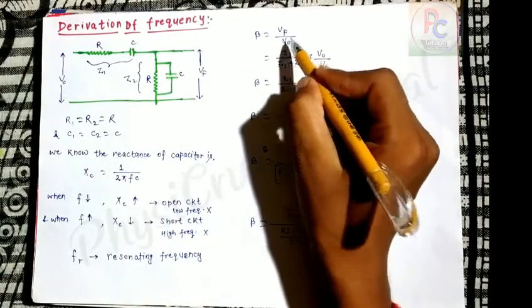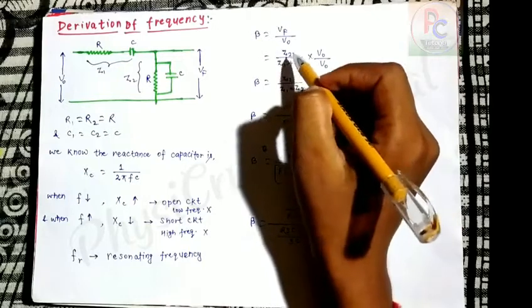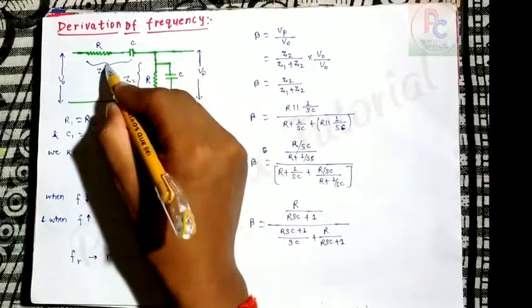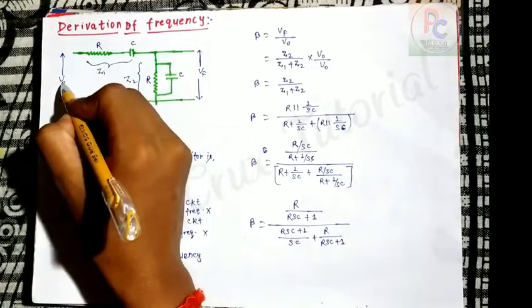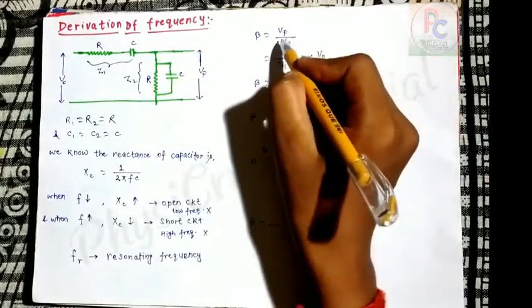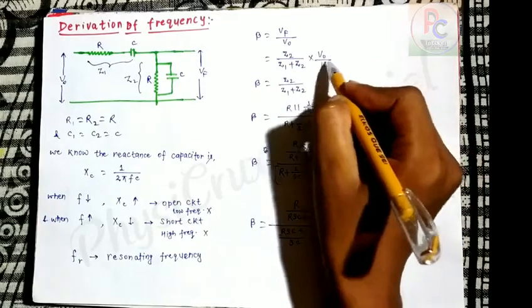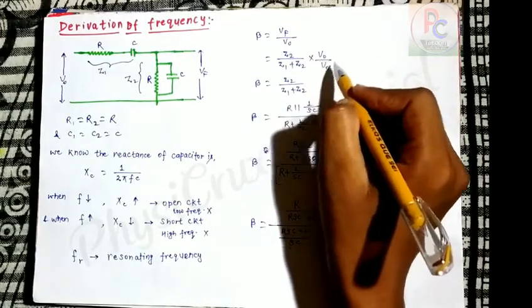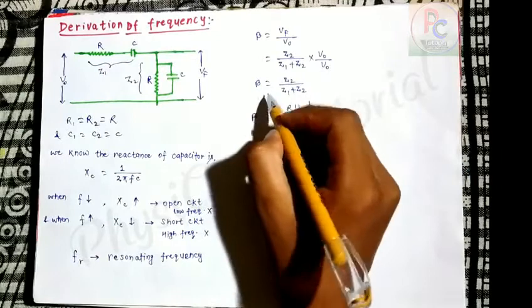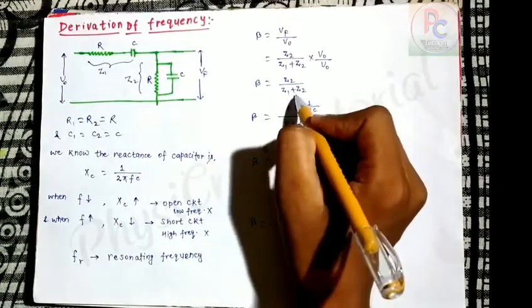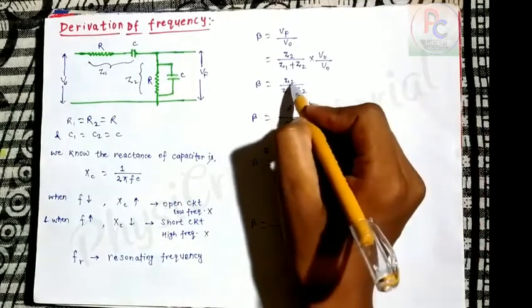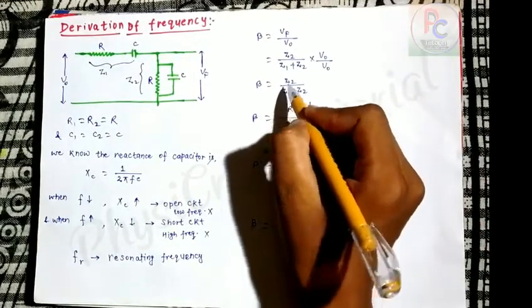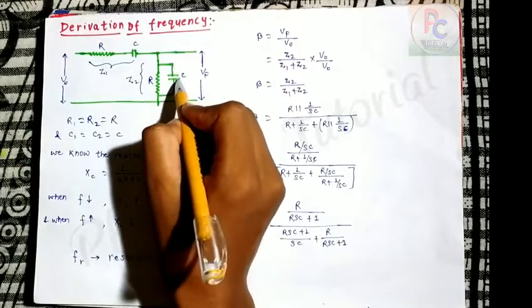So Vf will be Z2 by Z1 plus Z2 into V naught, and this V naught in the denominator will be here. So V naught will be cancelled. So we get the value of beta as Z2 by Z1 plus Z2. We can write the value of Z2, that is R parallel C.